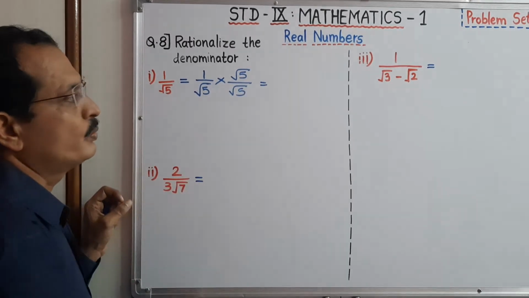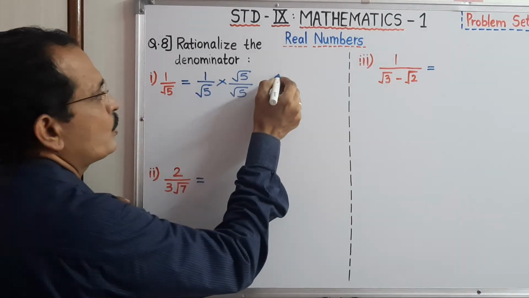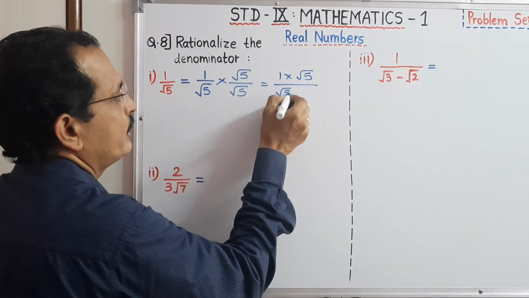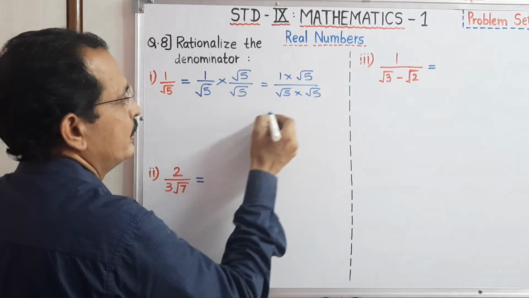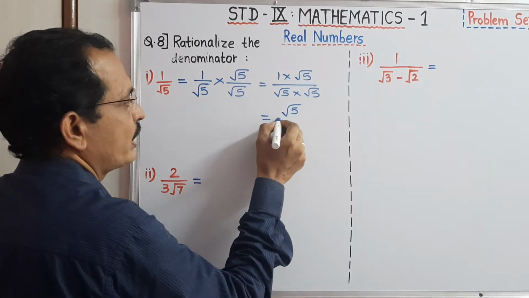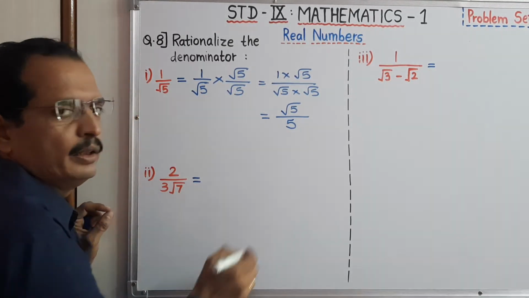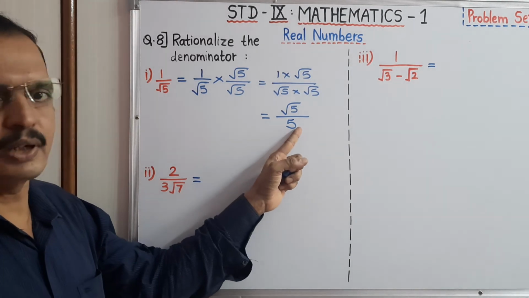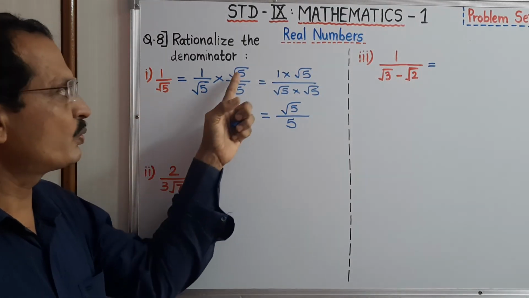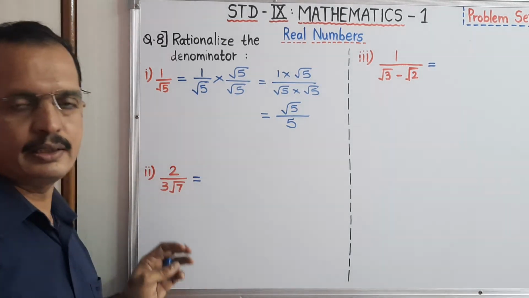Dear student, we got 1 into root 5 upon root 5 into root 5. Therefore, 1 into root 5 is root 5 and root 5 into root 5 is 5. Now see here, this 5 as a denominator is a rational number, therefore root 5 is a rationalizing factor.